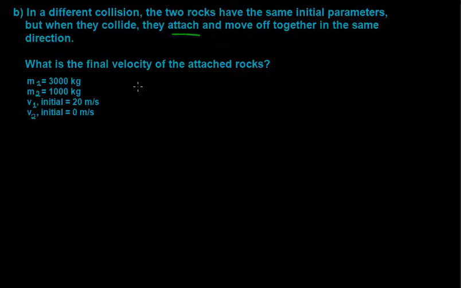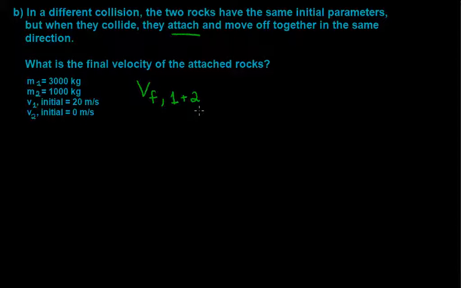So instead of solving for the final velocity of one rock, now since they have attached, we are solving for one big final velocity that includes both rock 1 and rock 2.